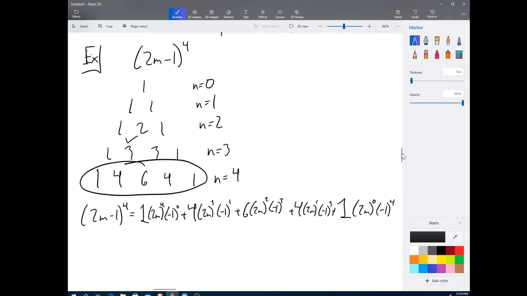And so I see how my power for the 2m changes every time. And I can see how the power for the negative 1 changes every time. And it's that pattern you want to focus on. And then simplify the problem using the math methods that you've learned before.